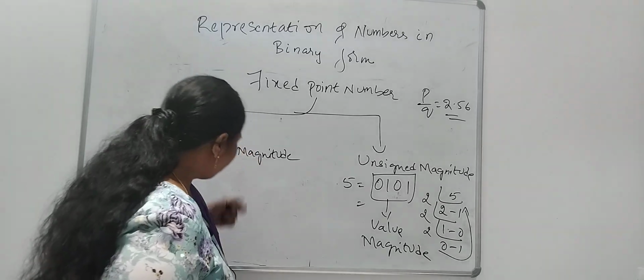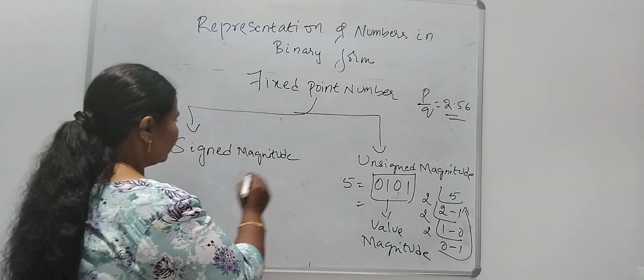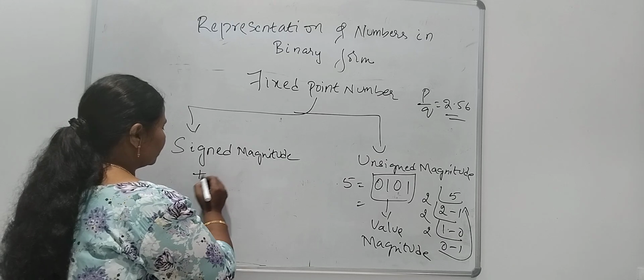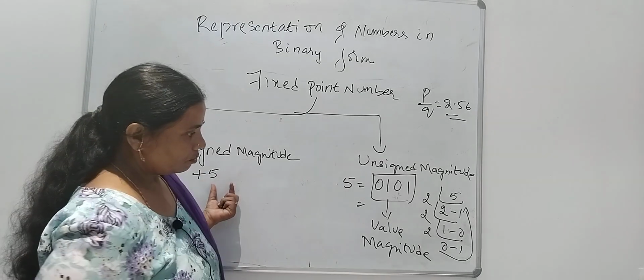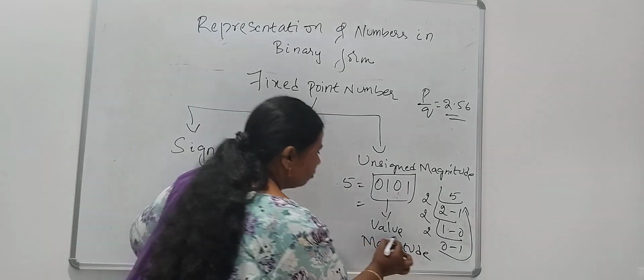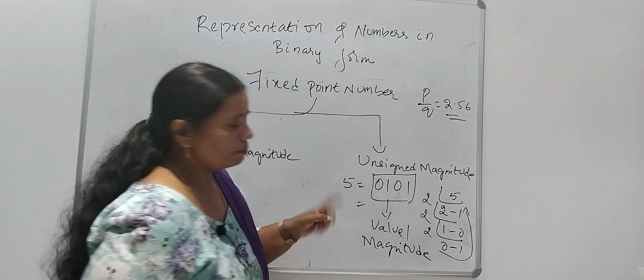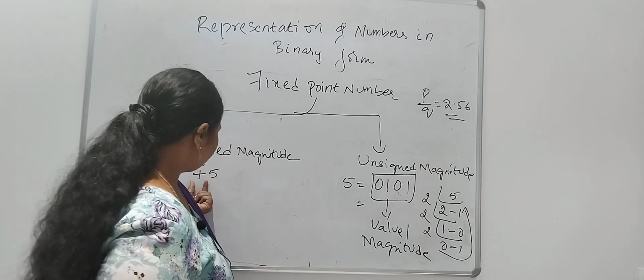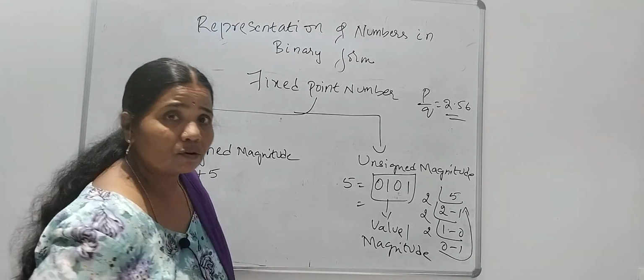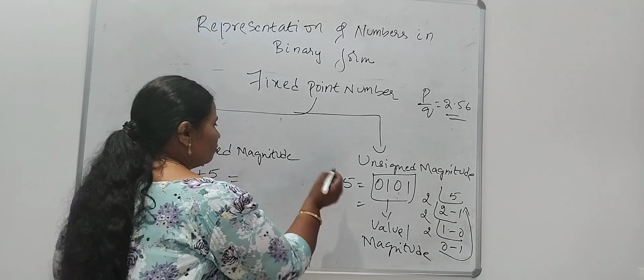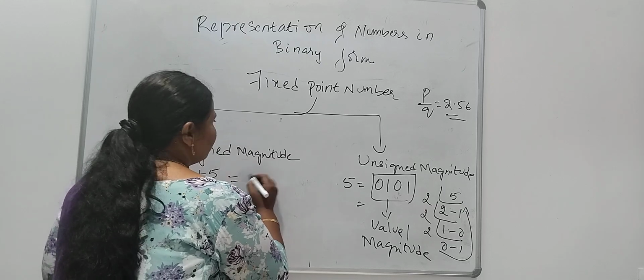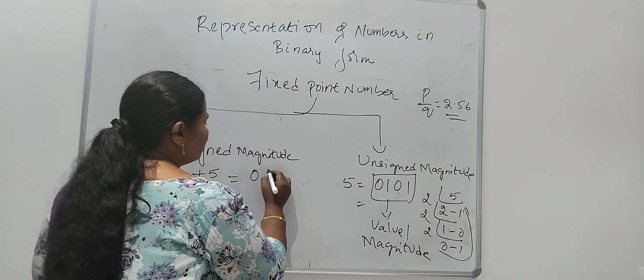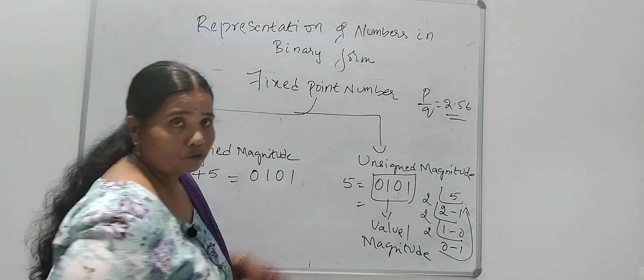In the signed magnitude representation, we take the same number with respect to sign. Whenever we go for the magnitude with respect to sign, plus 5, how are you going to write it? Same 5, I am representing in binary bits 0 1 0 1 in the form of 4 bits.